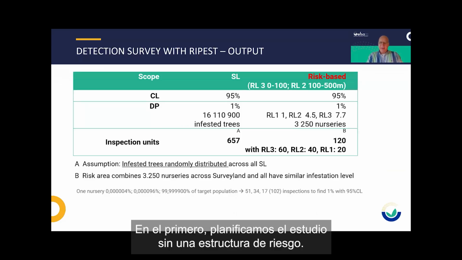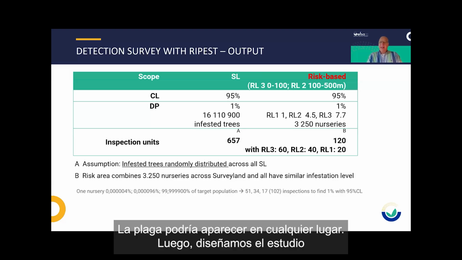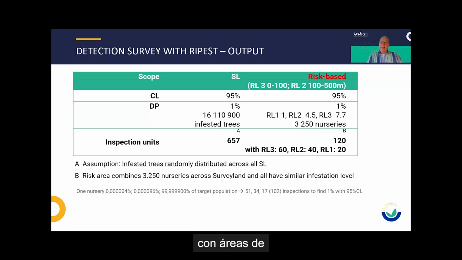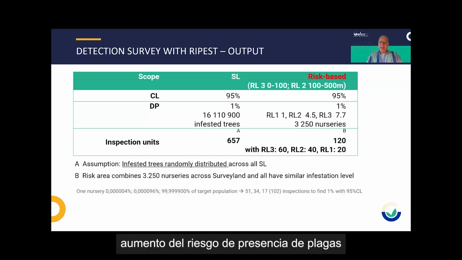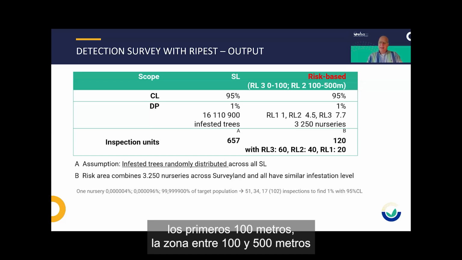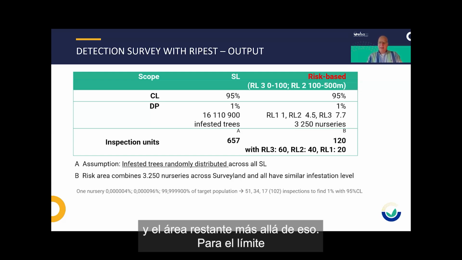First, we are using Surveyland without any risk structure. And second, we are planning our survey considering the aspect of increased risk of pest presence around the points of introduction, with three risk levels: the first 100 meters, the 100 to 500 meters, and the rest.